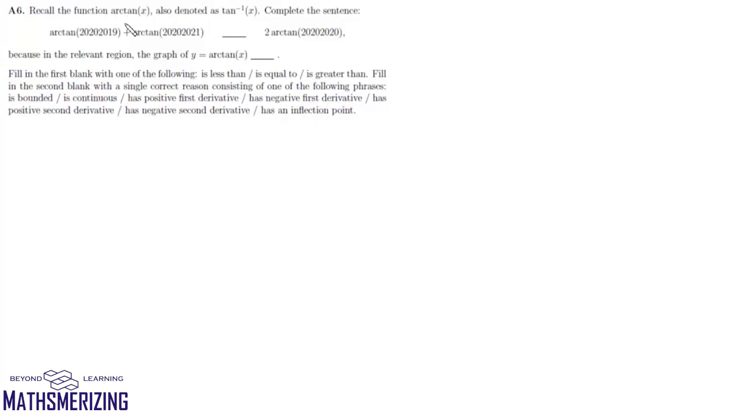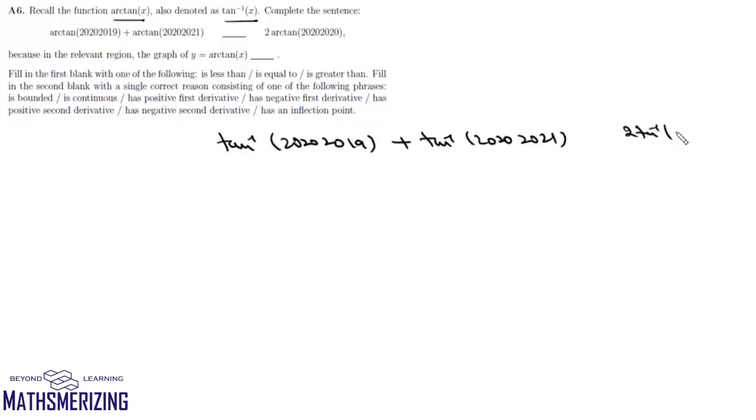Question A6 is, recall the function arctan x, also described as tan inverse of x. Then we need to complete this sentence: tan inverse of 2020^2019 plus tan inverse of 2020^2021, and this is 2 tan inverse of 2020^2020.